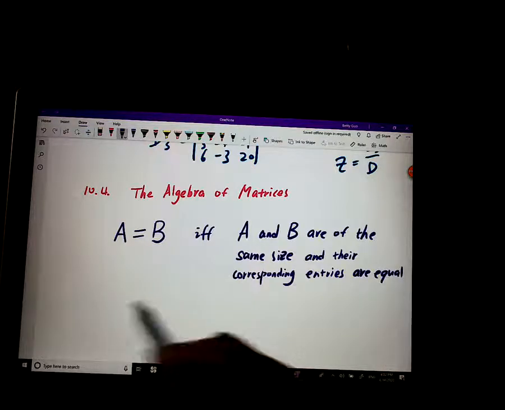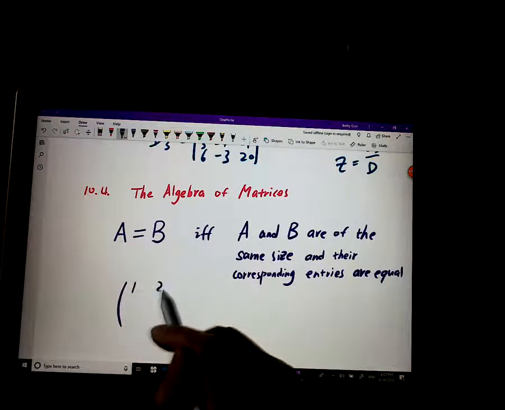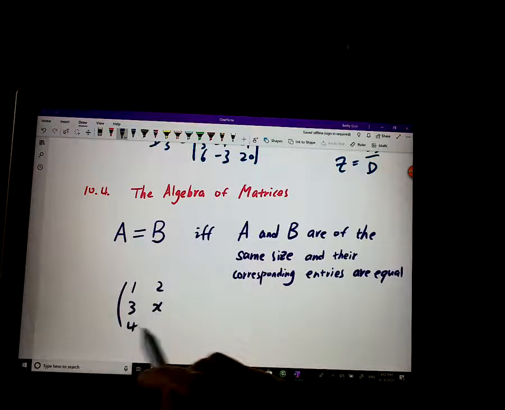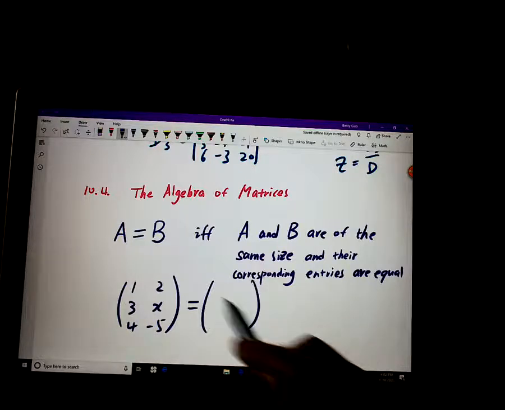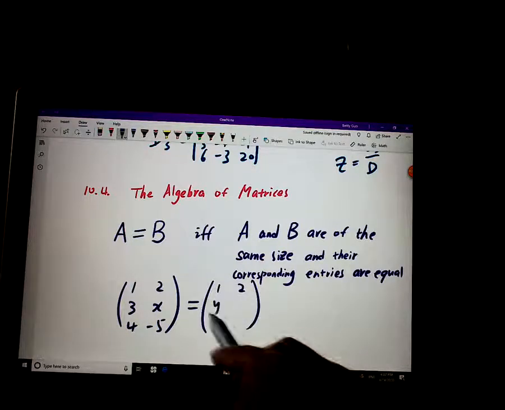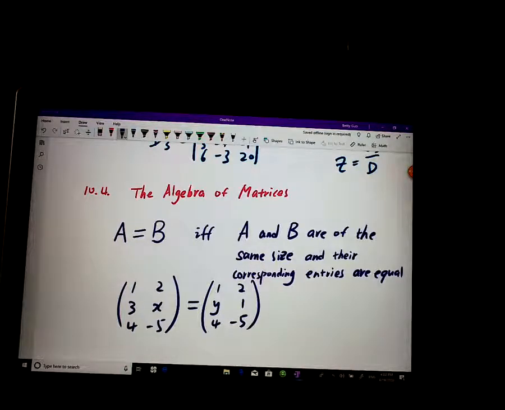For example, if A is 1, 2, 3x, 4, -5, we know this matrix is equal to the other matrix 1, 2, y, 1, 4, -5. In order for two matrices to be equal to each other, they need to have the same size, meaning the same number of rows and columns.